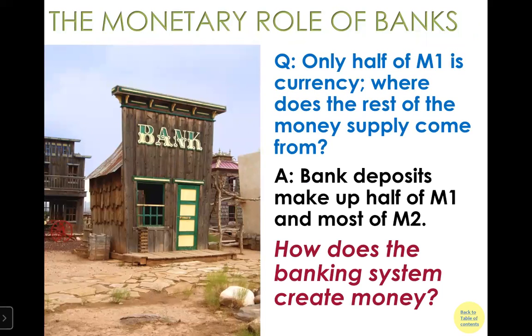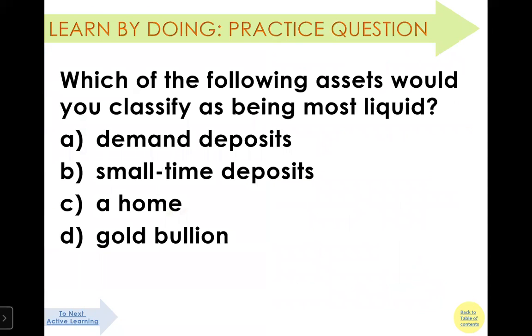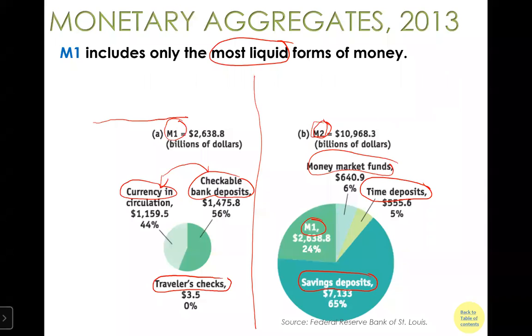Now, the next question we are going to do is to understand: if only half of M1 is currency, where does the rest of the money supply come from? Maybe we can go back to the figure we saw earlier, right? It's here.